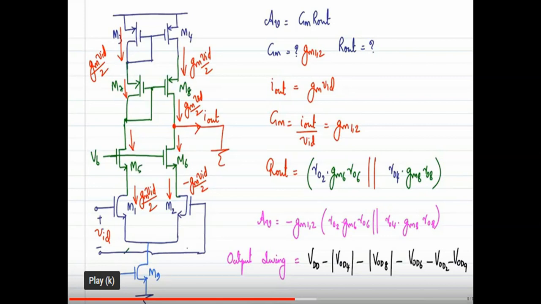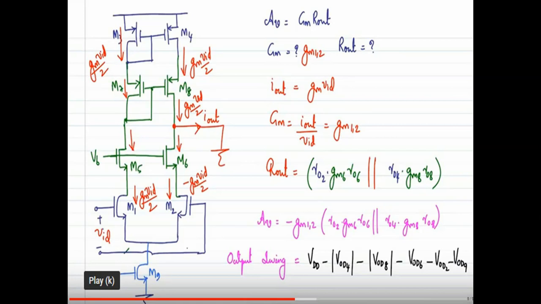Now we have two cascode structures, that is M6 and M8. The resistance of those cascode transistors is included in the intrinsic impedance of the cascode device, that is GM6RO6 and GM8RO8.